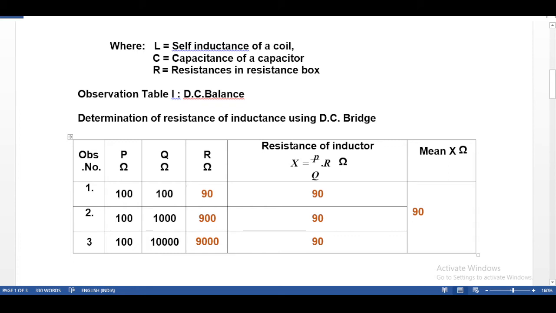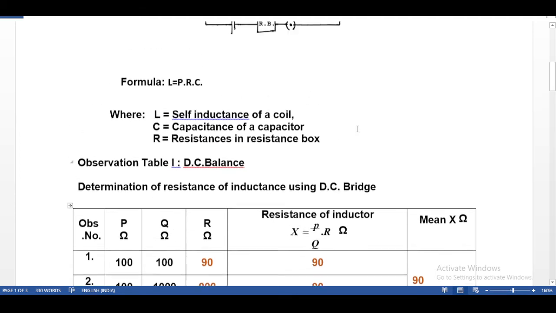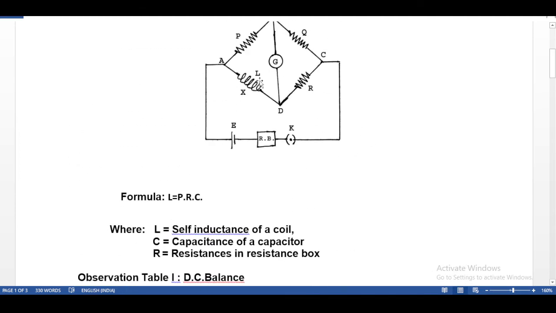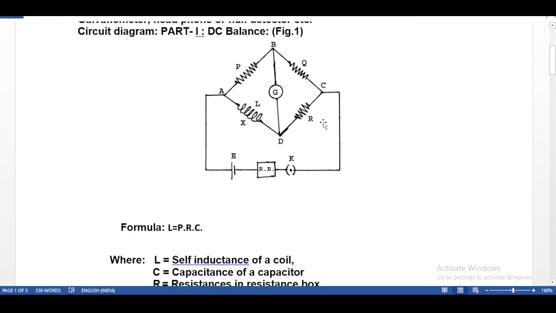Now the first combination of the resistances P and Q is 100 ohm each. When we move towards this diagram, we take the resistance P from the resistance box as 100 ohm, and we have to find out the resistance R in order to show the table galvanometer as a null deflection or zero deflection.